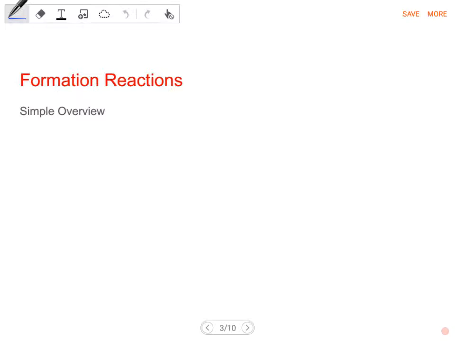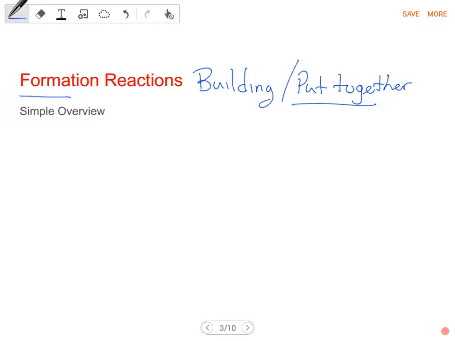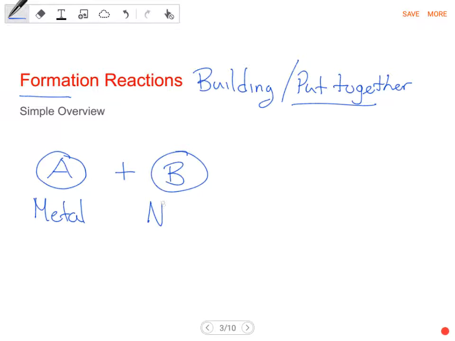All right, formation reactions. Well, what does formation mean? Formation to me means building or put together. There is a simple way of doing this. Some people like to say A plus B. And typically, this will be a metal and this will be a non-metal.